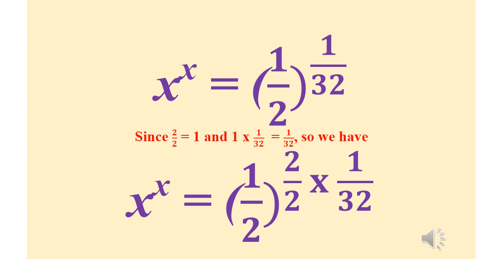So we have x raised to power x equals 1 over 2 all raised to power 2 over 2 times 1 over 32. There we still have 1 over 32, since 2 over 2 is 1. We are plugging in 2 over 2 there for us to be able to simplify the question and get the correct answer.